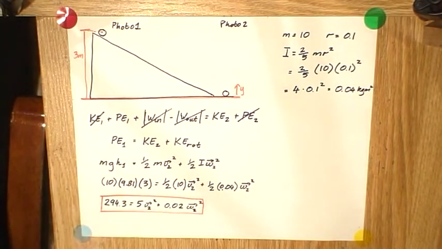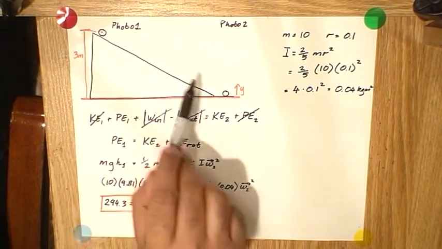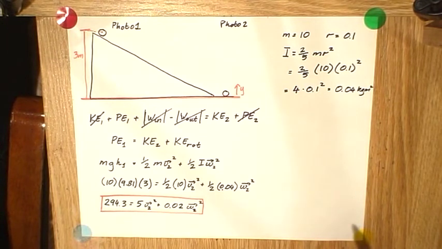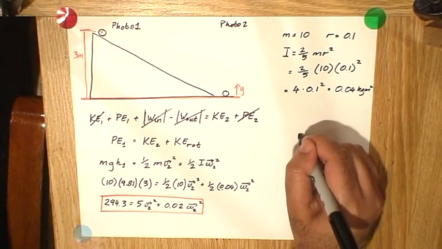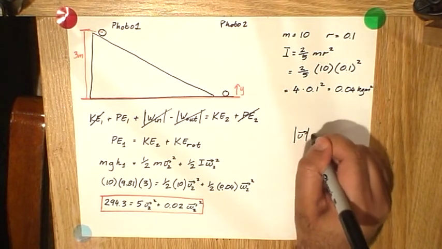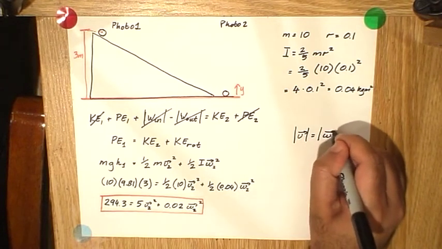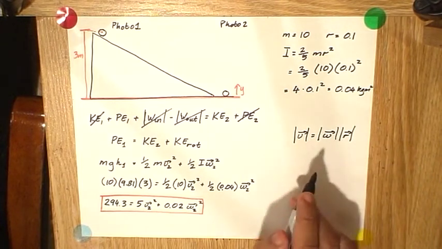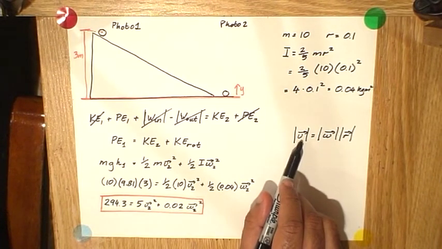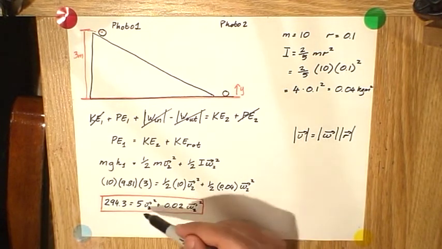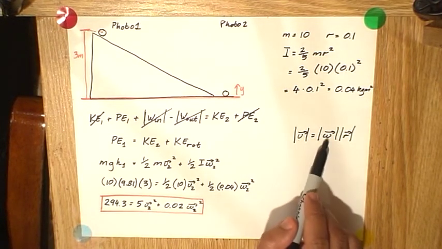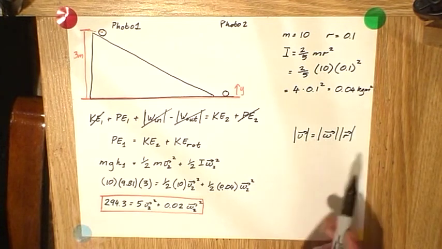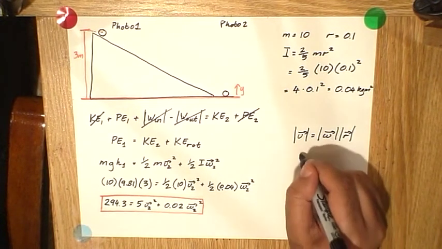The answer is there's one other piece of information we were told, and that is this ball was rolling without slipping. So if it rolls without slipping, then this equation, velocity is equal to angular velocity multiplied by radius, applies. We are solving for the linear velocity, so I can rewrite this equation so that we can write this in terms of omega.